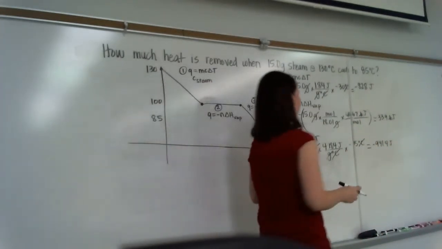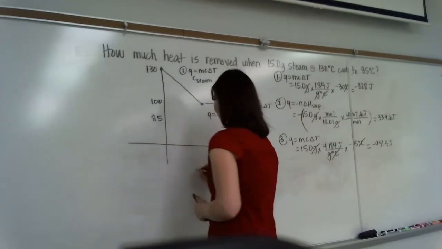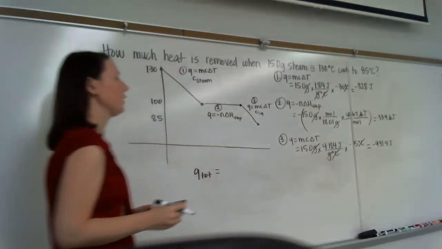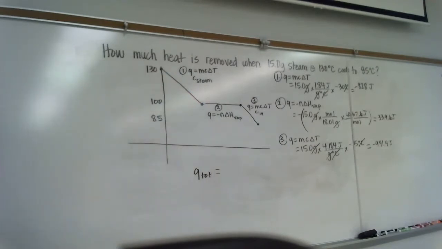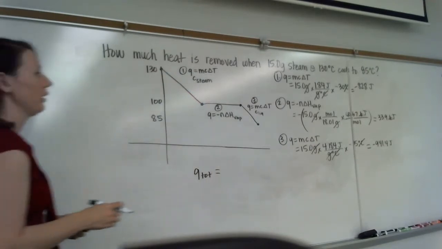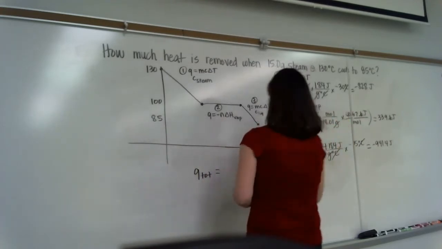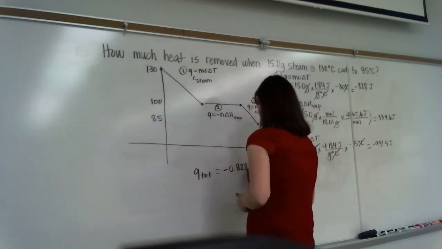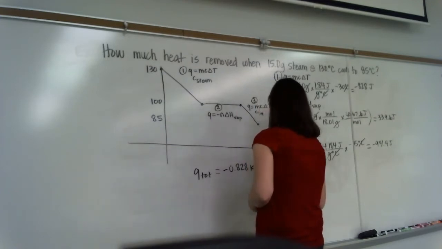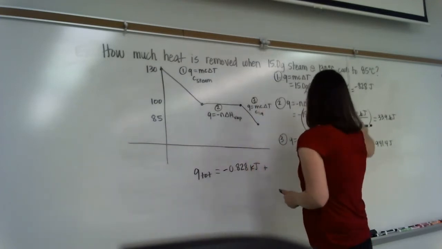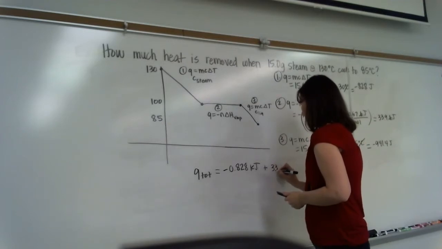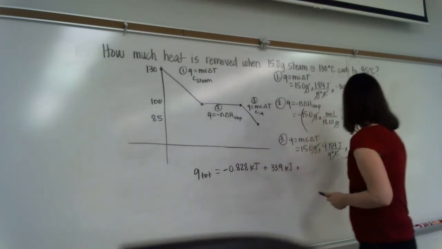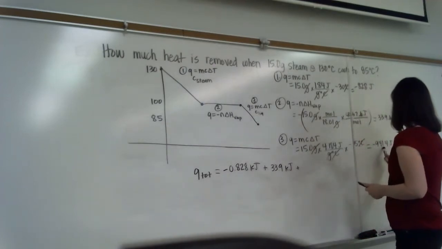Still on the screen? Okay, barely. So Q total. Do you want to keep everything in joules or do you want to convert to kilojoules? Kilojoules. Okay, so this in kilojoules would be negative 0.828 kilojoules, plus this one's already in kilojoules, 33.9 kilojoules, plus, convert this one to kilojoules, move it 3 over.